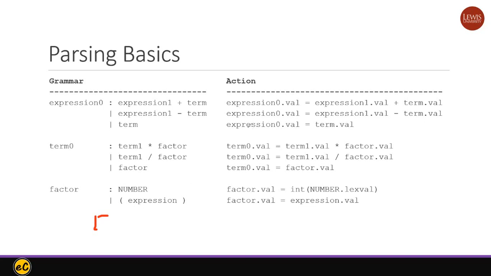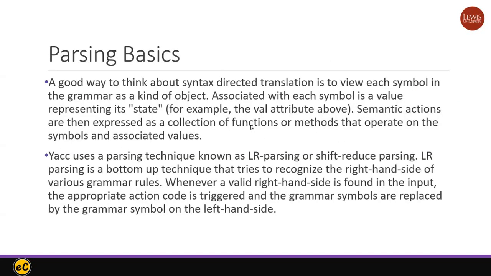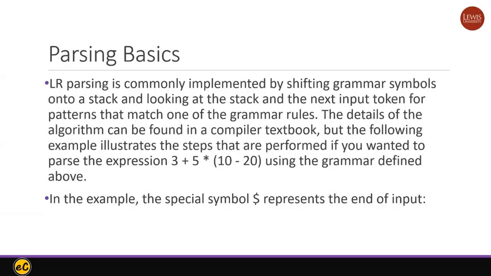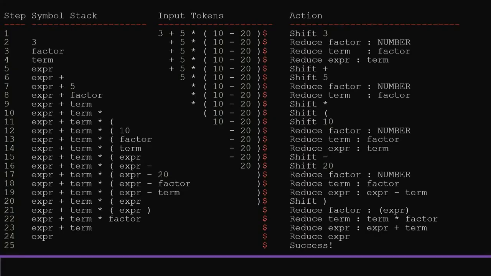And right hand side is your action grammar, and expression zero's value is the sum of these two. Something like that to describe it in this way. So you need to describe it in that way.